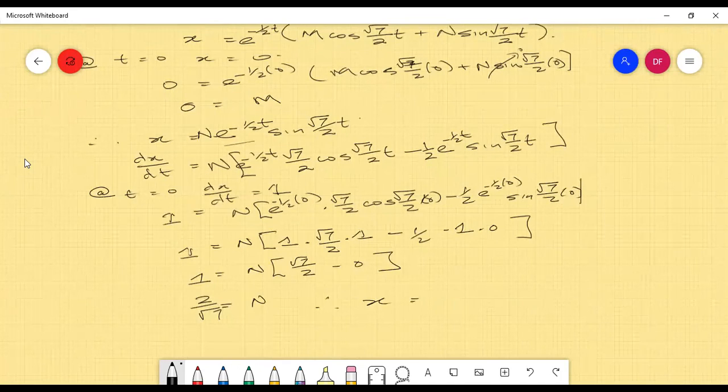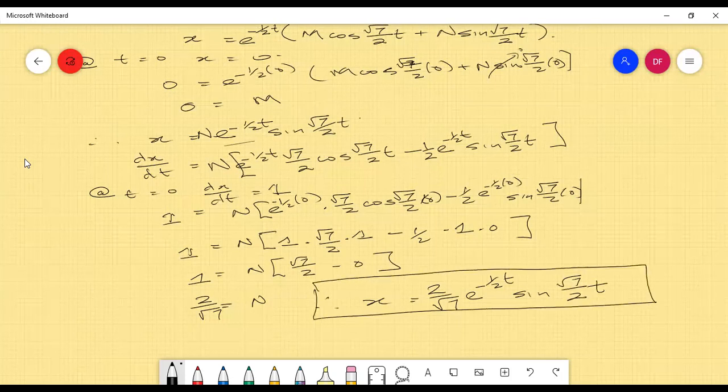All right. So this is going to give me x is equal to n, which is 2 over 7, e to the minus half t sine root 7 over 2 t. And so this would be my solution.